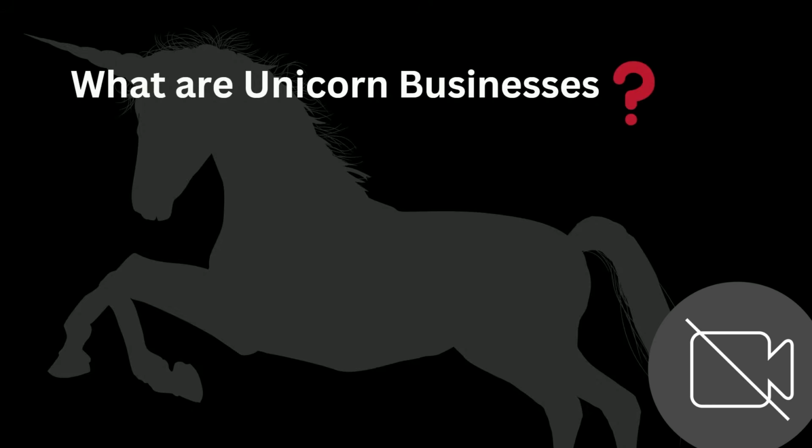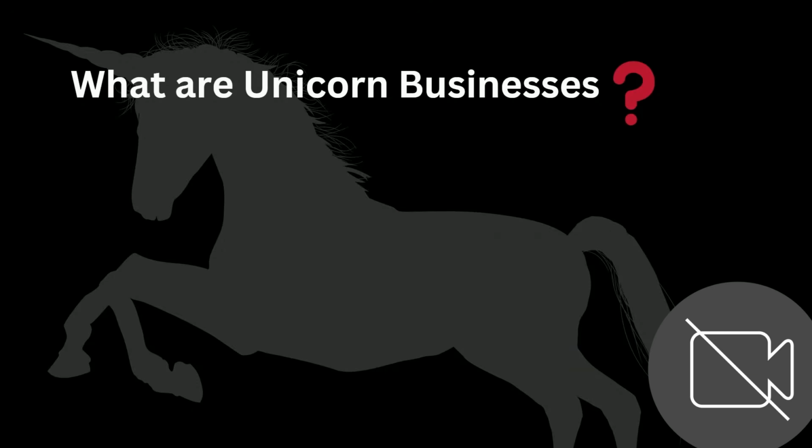Okay, so let's try to understand how unicorn companies are different from others. Unicorn companies have achieved a valuation of $1 billion, which is significantly higher than the valuation of most other companies, especially early stage startups. This high valuation is due to rapid growth and potential.